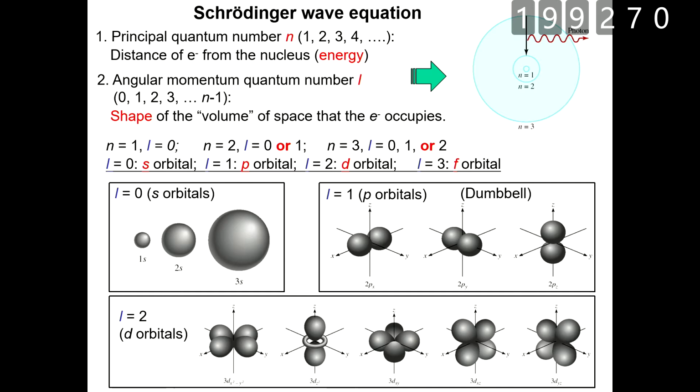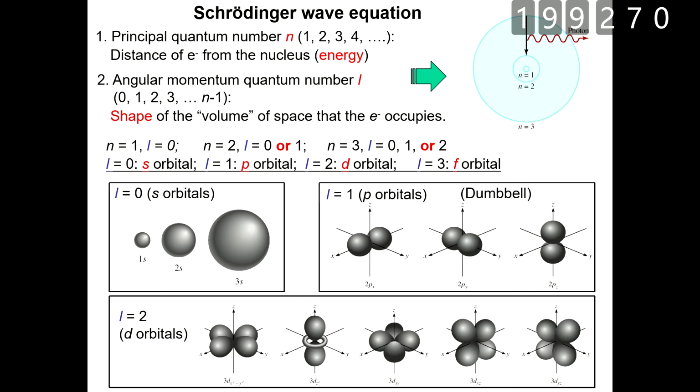If it moves here, close to the nucleus, we call n equal 1. All electrons in this orbital are close to the nucleus, so their n number is 1.